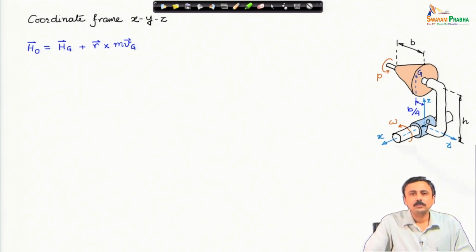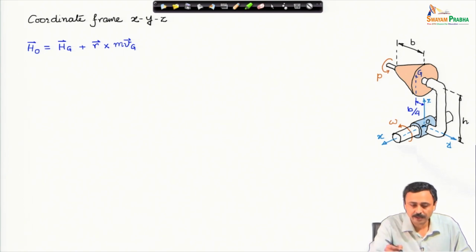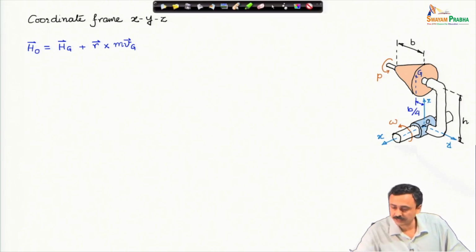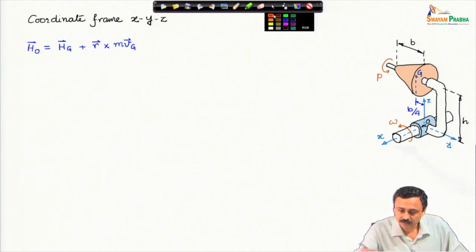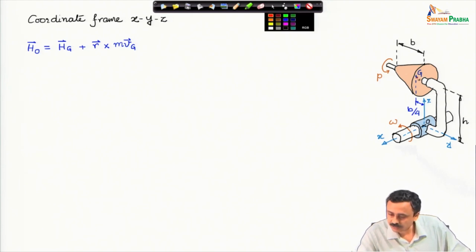Now, h o, the angular momentum of the cone about O, is equal to h g, the angular momentum of the cone about g, plus r cross m v g. What is r? Now, here r vector is this one. It is not to be confused with the radius of the cone, but this vector.